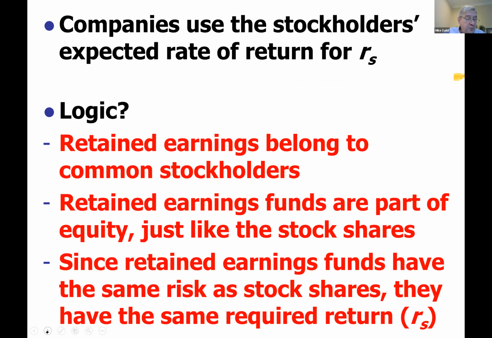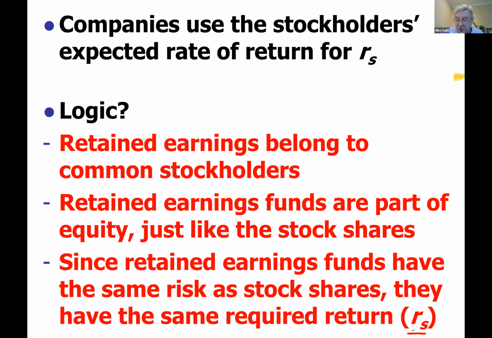It's really odd, but this is not theory, this is practice. When companies try to figure out the rate of return shareholders are expecting on their stock, they have to really get into the heads of the shareholders.